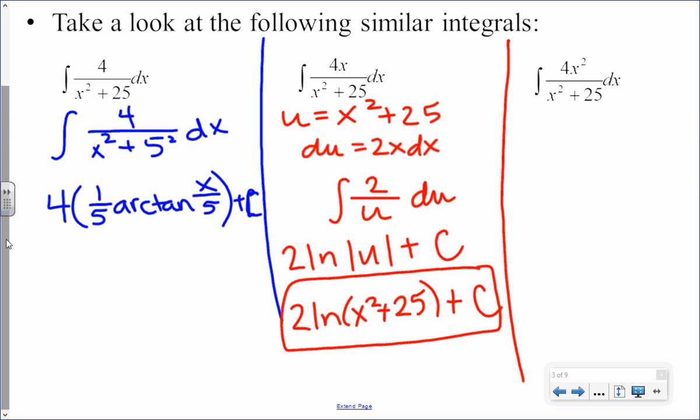If this were a limit, we could. This fraction, what's larger, the denominator or the numerator? The numerator is larger, which means this is an improper fraction. And what can we do with improper fractions?